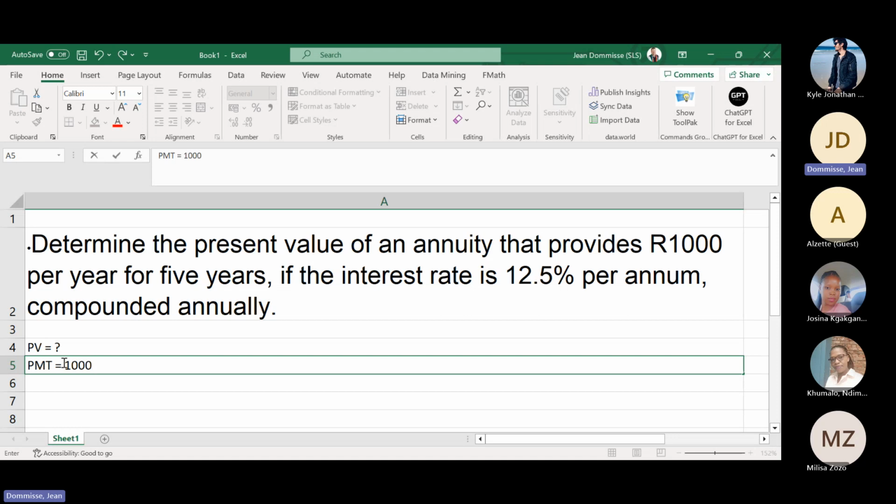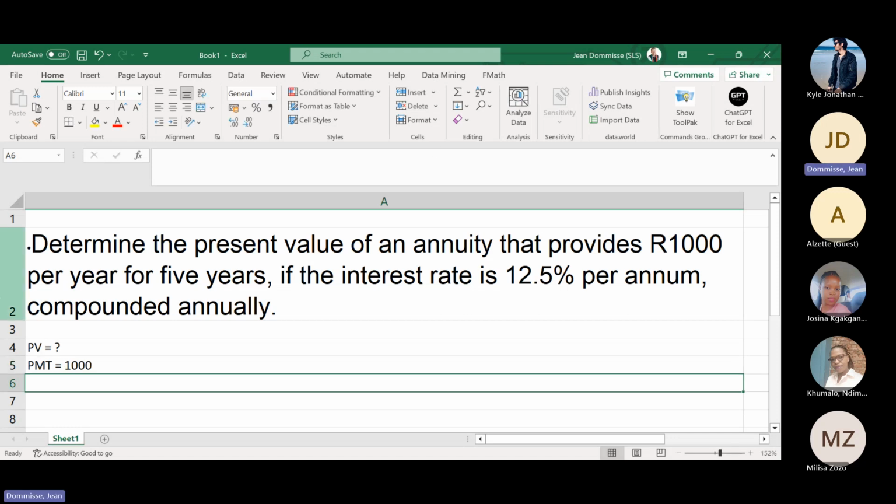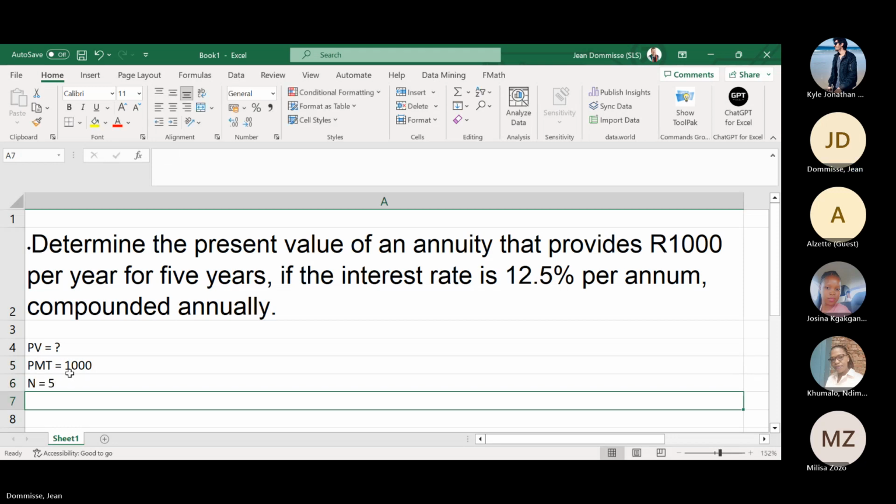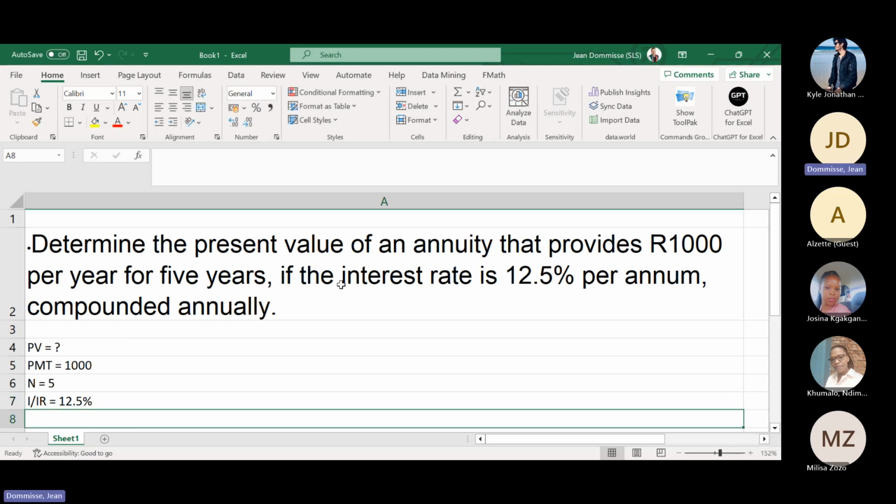I'm just putting that in for 5 years. So we've got our N. If the interest rate is 12.5%, so we've got an interest rate of 12.5%. So we need to work out the present value.